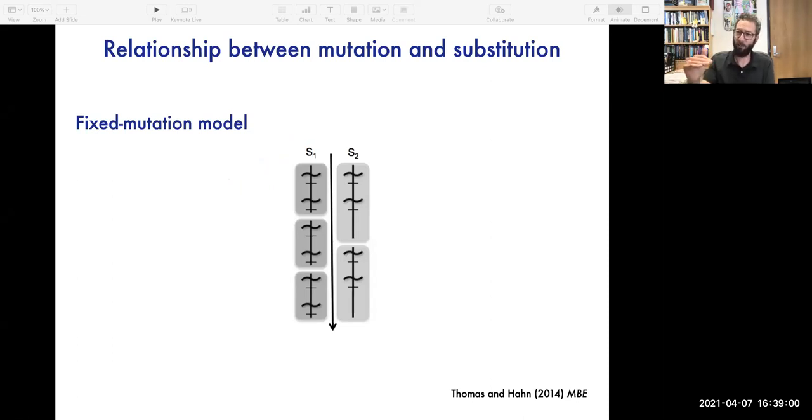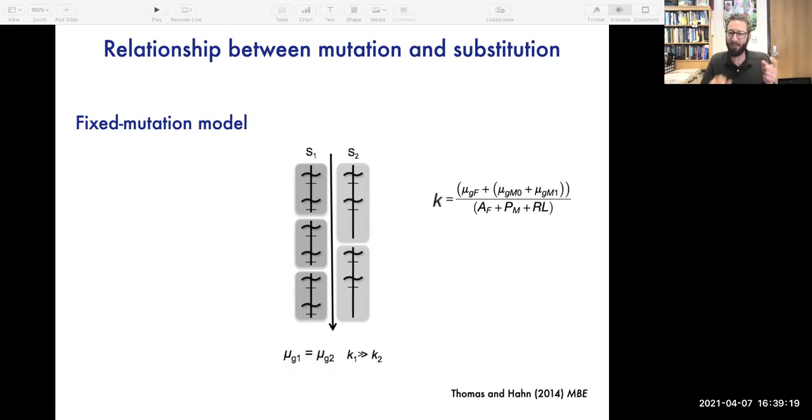If that was true, then with a longer generation time, as humans and chimps have, you'd have many fewer substitutions per unit time, and therefore the substitution rate would be higher in short-lived species than in longer-lived species. You can plug it into some math, which isn't very important, but the answer is that mutation rates per generation are the same between species 1 and species 2, but the substitution rate per unit time is much higher in species 1 than species 2.